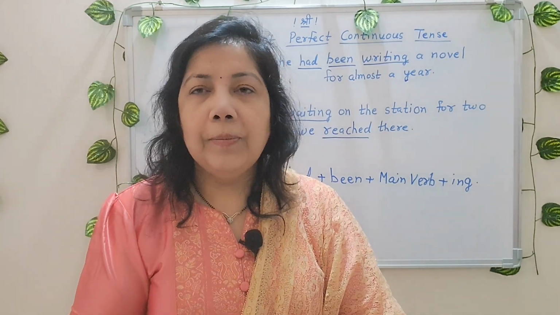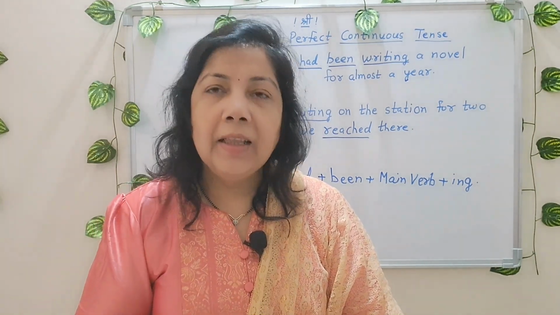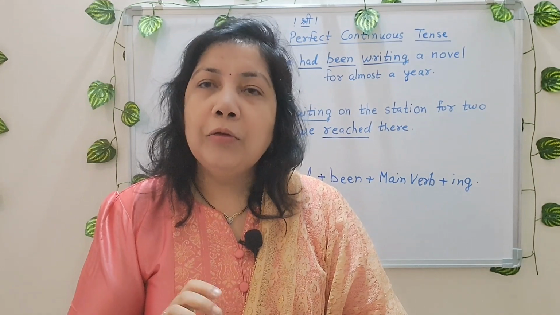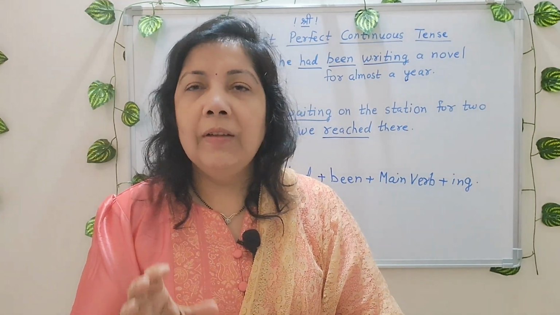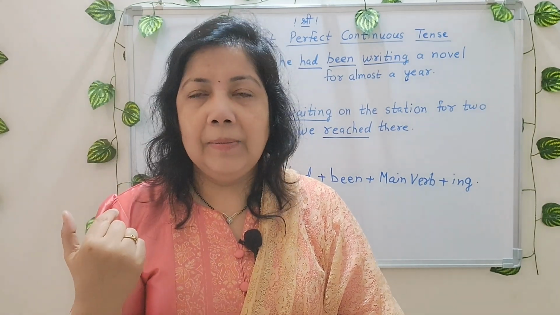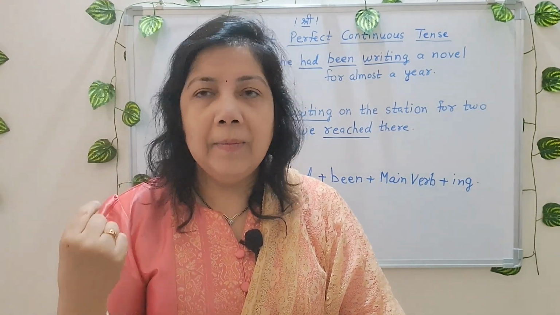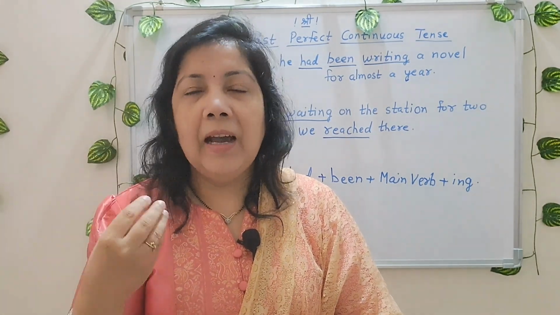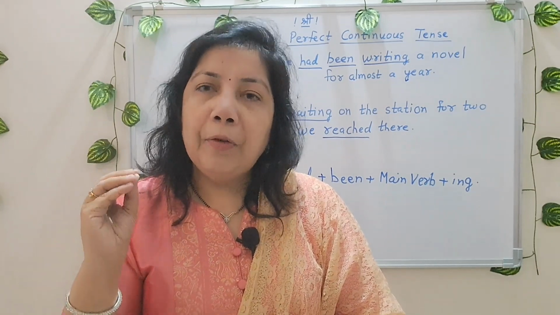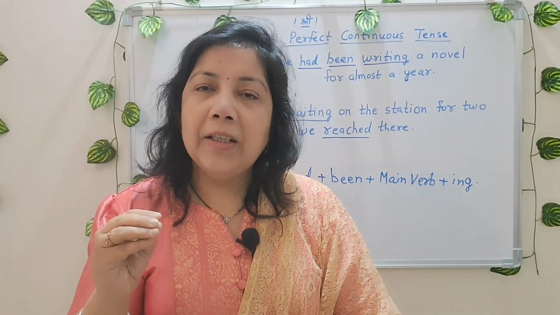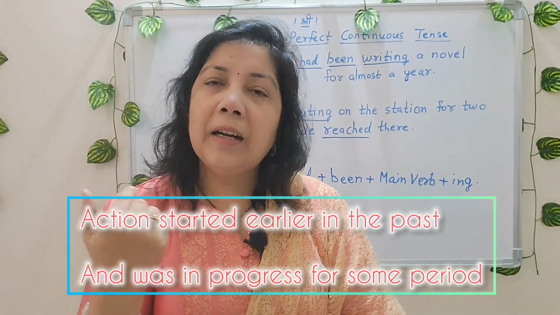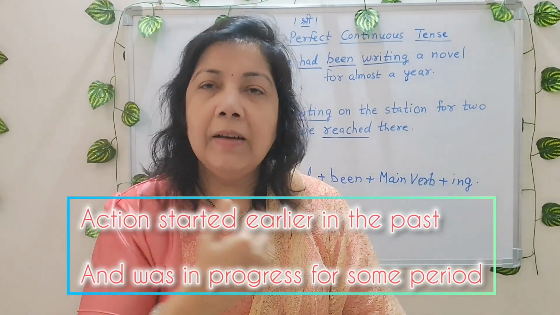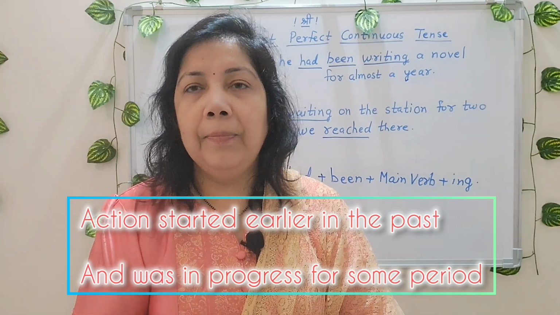What is the use? From this sentence we can tell that the use is any action which begins in the past, which has started in the past, sometime back, at some time. And from that time, that action had been going on, had been continuing in the past for a longer period of time.